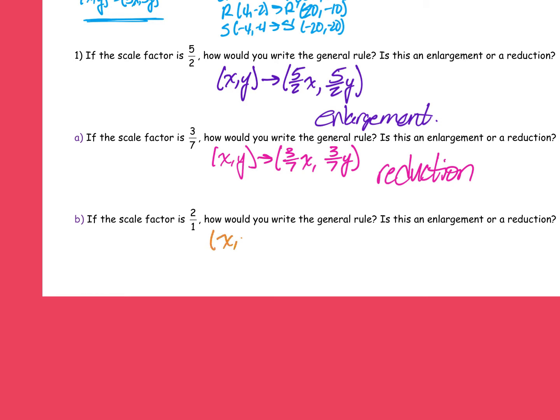It's going to be 2 on x and then 2 on y. And it's a what? Enlargement. Good. Nice. Beautiful. Okay, so let's go to the next page.